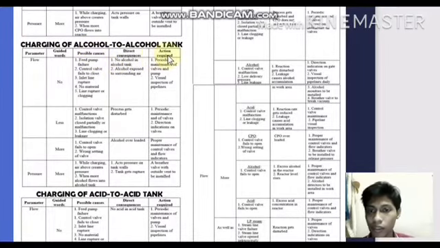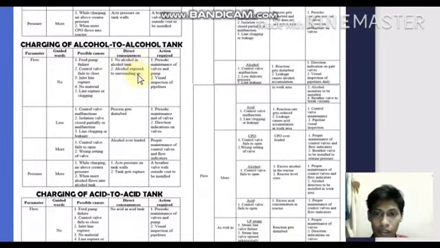That may be caused by feed pump failure and inlet line rupture. If this problem happens, there will be no alcohol in the alcohol tank, or the alcohol is exposed to the surrounding air.